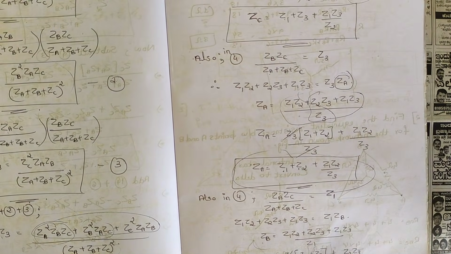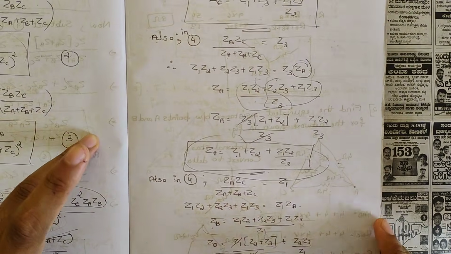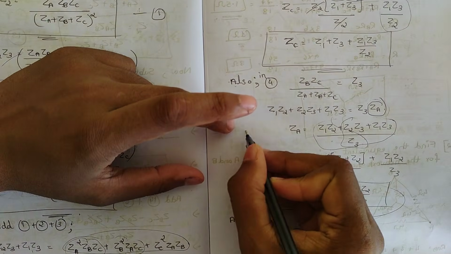So here also we have one common relation for conversion of star to delta. I'll write it here.